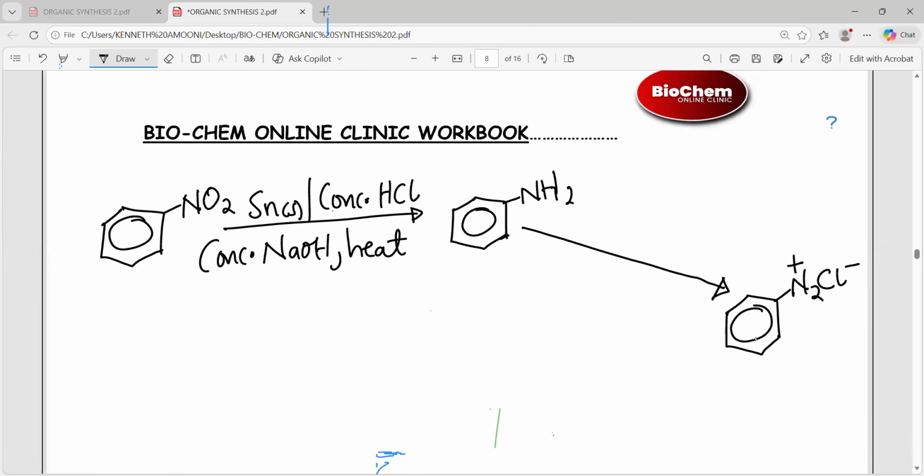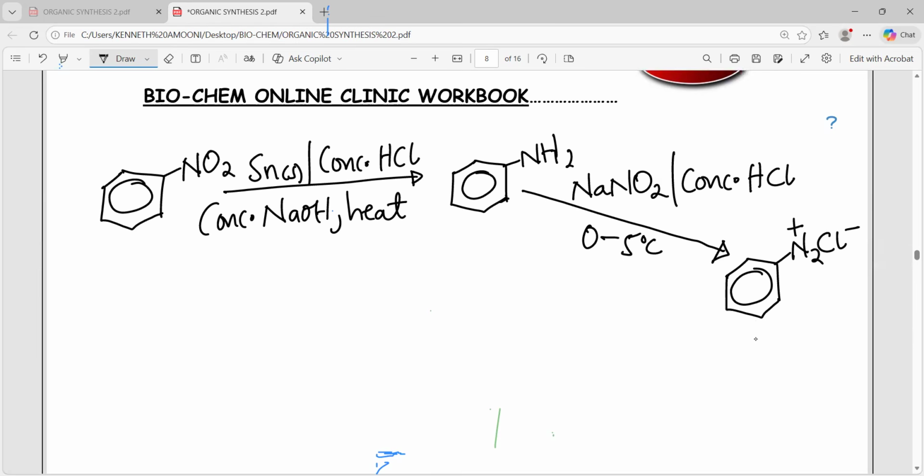Those two react to form nitrous acid in situ. So we shall use sodium nitrite, reacting with concentrated hydrochloric acid at a temperature between 0 to 5 degrees Celsius. It's going to give us a benzene diazonium salt.